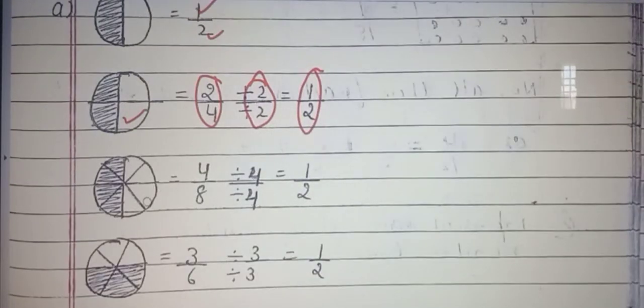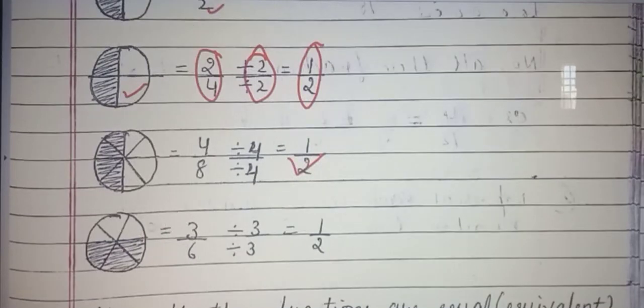Now for the third, the fraction will be shaded parts 4, total parts 8. So the fraction will be 4 upon 8. Again, the highest common factor of 4 upon 8 is 4. So we will reduce both 4 and 8 to the lowest form, and it gives us 1 upon 2. Now in the last part, the fraction for the shaded portion becomes 3 upon 6, and the highest common factor of 3 upon 6 is 3.